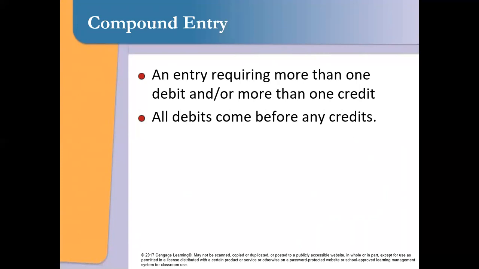A compound entry happens when we have more than 2 accounts total. It could be 3, 4, 6, 7, depending on how extensive the transaction was. Always, the debits come before the credits, and every time we do a journal entry, the debits and the credits must equal each other.